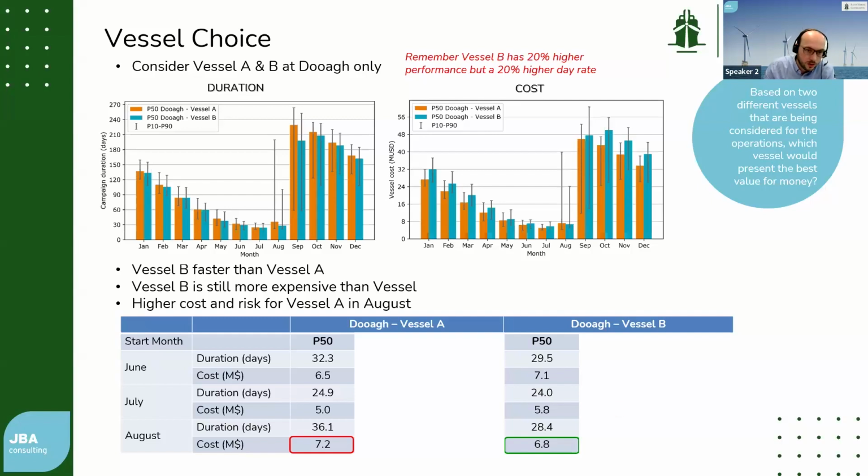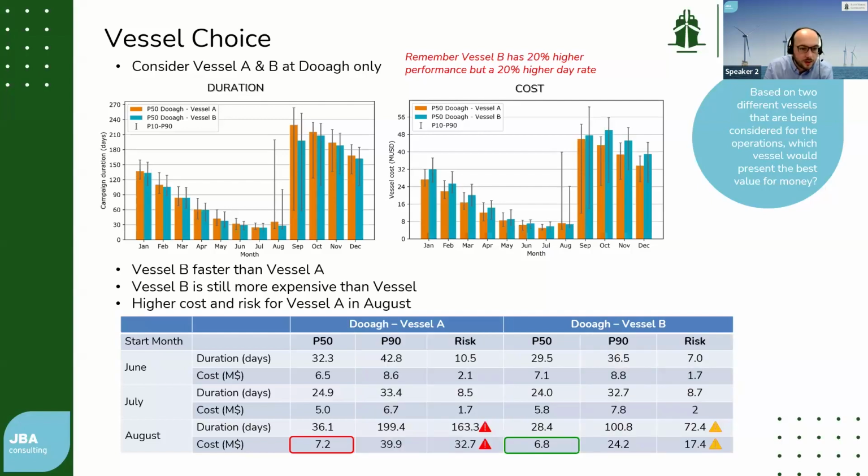And I've talked earlier about these error bars. We can see our P10 and our P90 here, and for vessel A, that risk is very high for additional weather downtime. And we can see that tabulated here. So we've added this risk value, which is our difference between our P50 and P90.